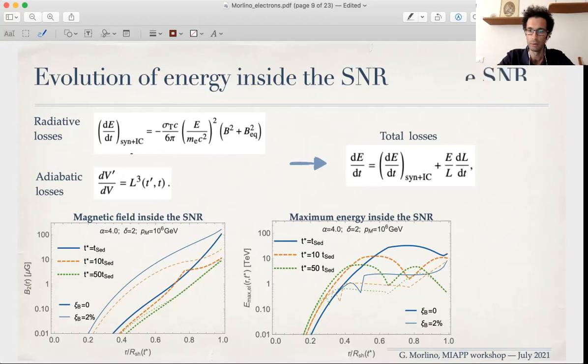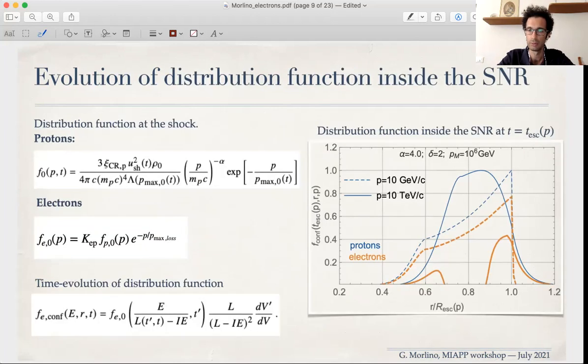Okay, then again we calculate the distribution function of particles, protons, and electrons inside the remnant. And in this plot, I'm showing the distribution at some fixed momentum, two momenta, 10 GeV and 10 TeV, at the moment when those particles are escaping, namely at the escaping time of these particles.